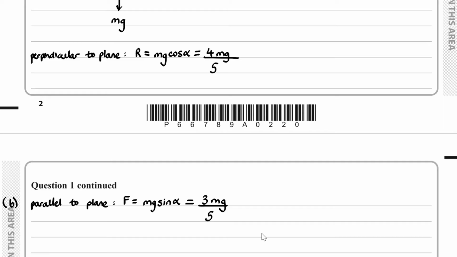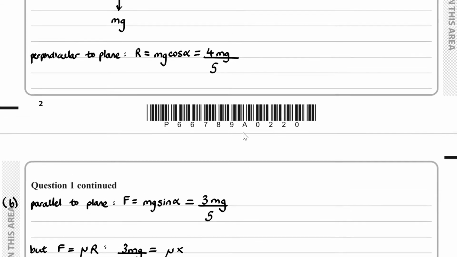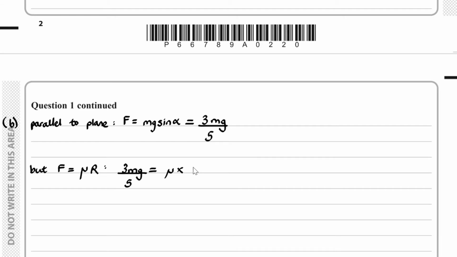Now recognising that F is equal to mu R, we have F, which is 3mg over 5, equal to mu multiplied by R. We said R was 4mg over 5.